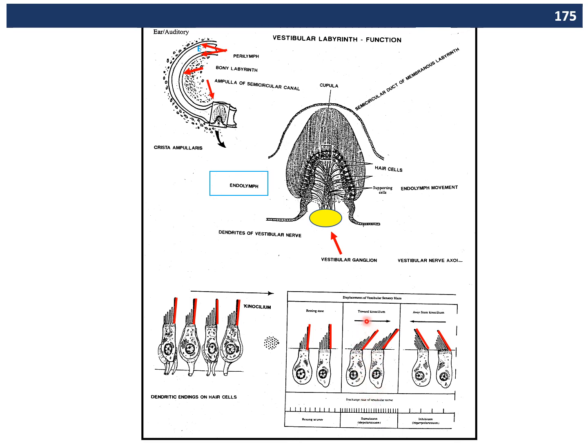stimulates the nerve impulse to go through the vestibular ganglia, and then the nerve goes to the brain, so we can then use that information to detect balance. The same is true if it deflects away from the kinocilium.